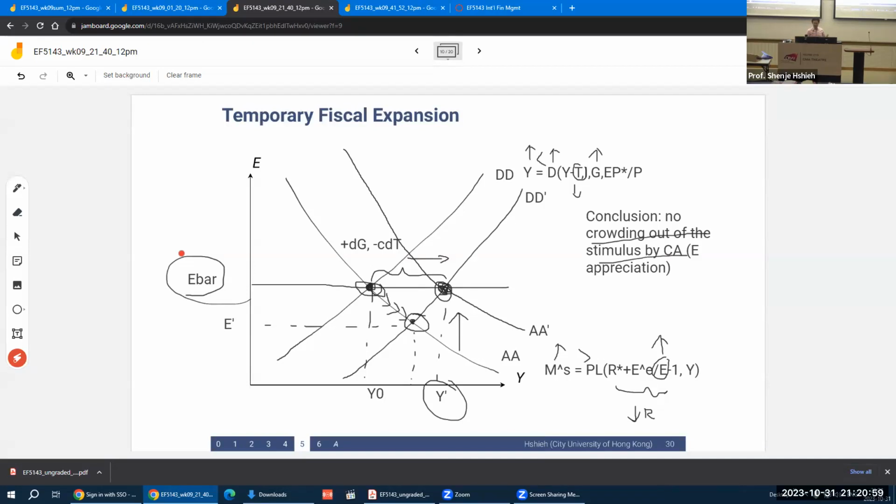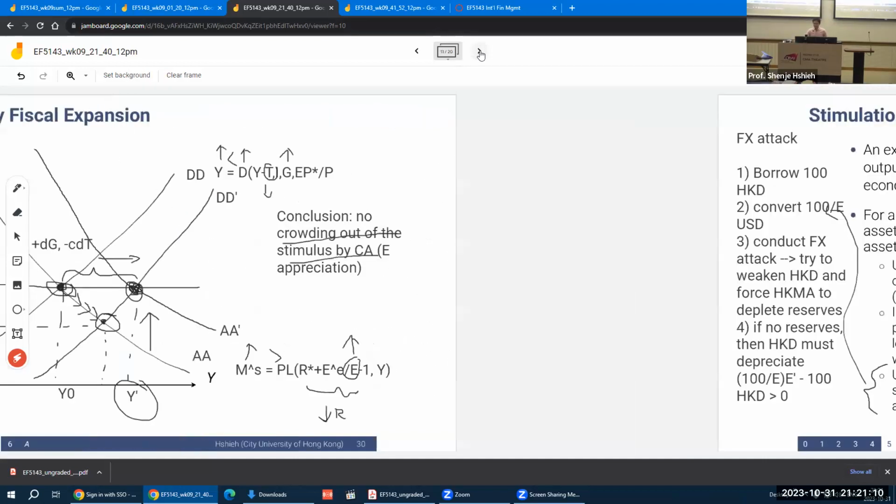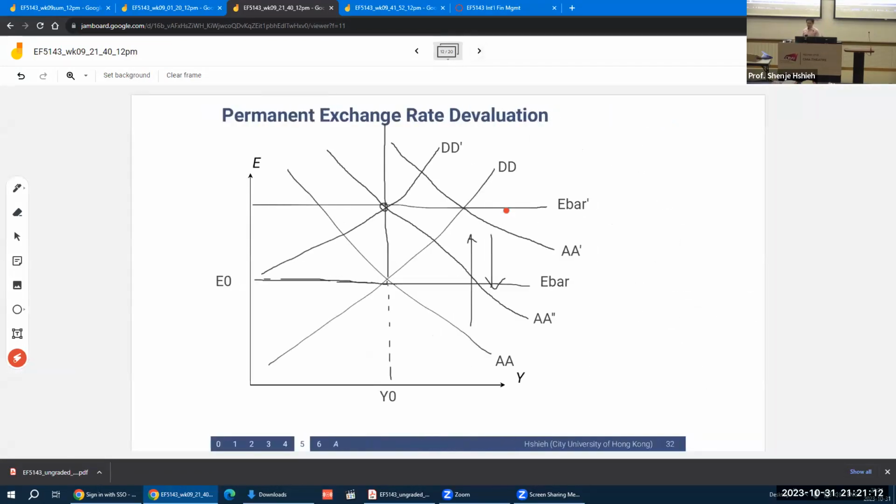When you do long run, short run analysis, temporary, permanent fiscal expansion, whatever, E bar has to be satisfied in the long run and short run. So you just make sure those things are maintained. Okay. Same thing here. E bar has jumped to E bar prime. Long run, short run analysis is making sure that E bar prime is satisfied. Okay, it has to be true.